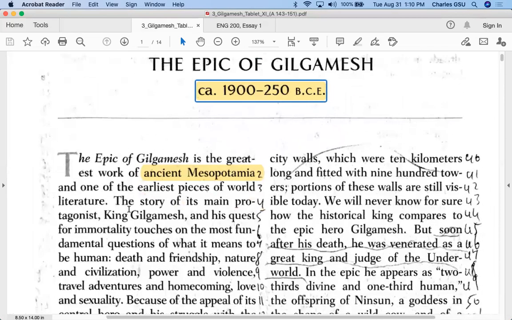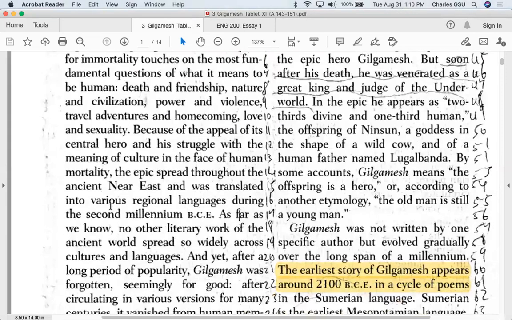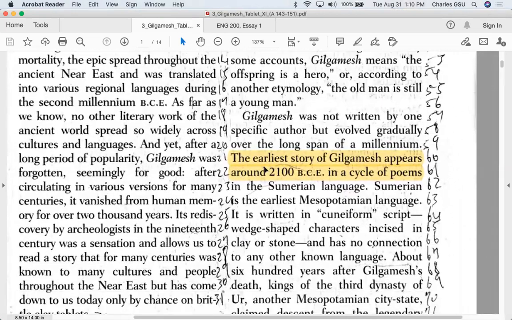Speaking of ancient times, this text comes from ancient Mesopotamia. We talked about that last time in relation to the Bible and the origins of Genesis. Another name for Mesopotamia is the Fertile Crescent. The story of Gilgamesh, or earliest versions of it, appear around 2100 BCE.